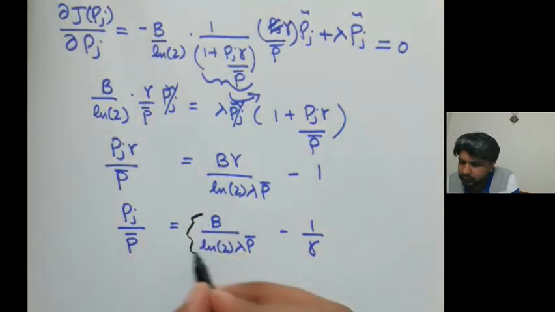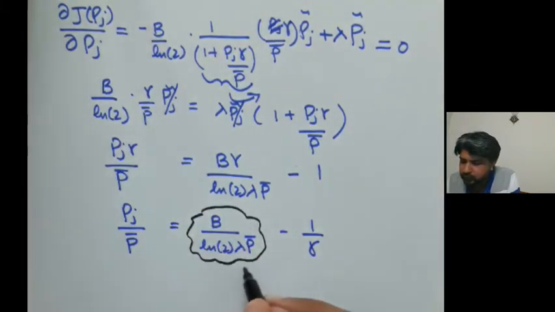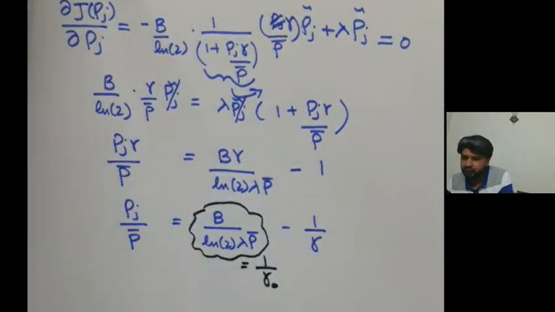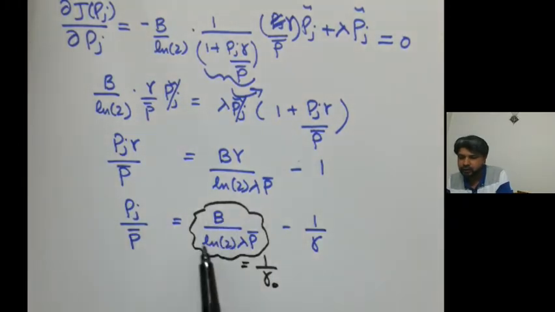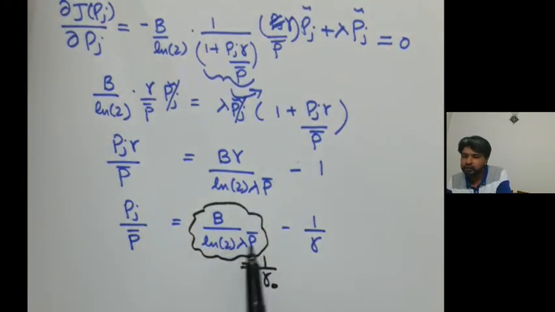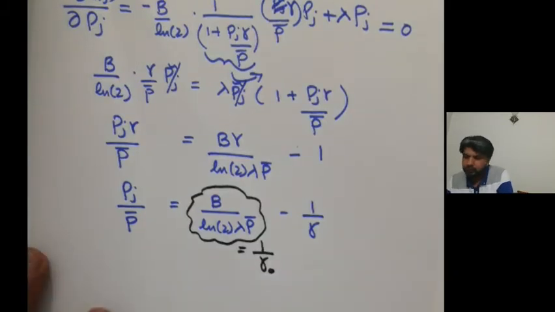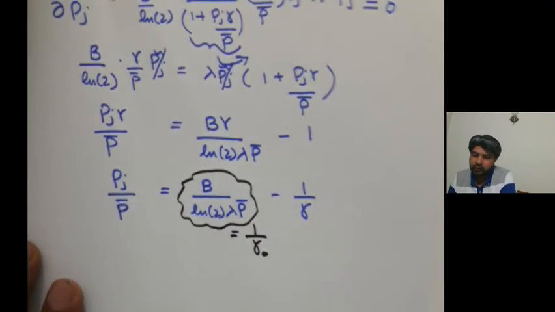Let me call this term 1 over gamma naught. Remember b is a constant, natural log of 2 is a constant, p bar is a constant, lambda is your Lagrange multiplier, which you can find out, and once computed, it's a constant. So we call it 1 over gamma naught. It needs to be computed, but nevertheless, let's call it 1 over gamma naught.